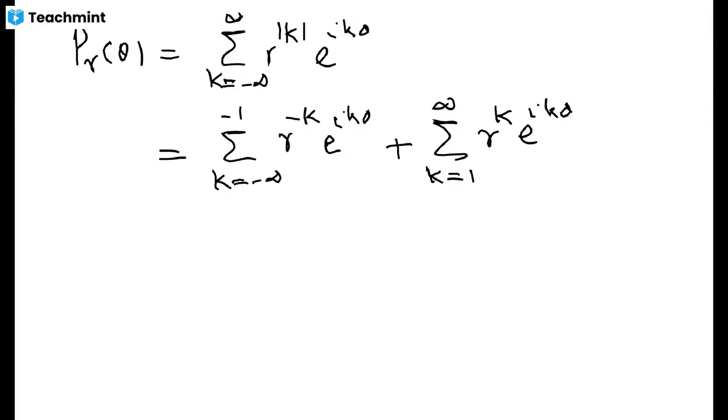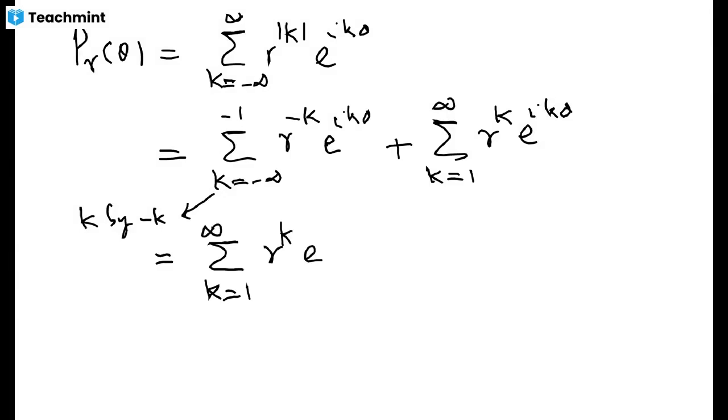In the first summation, I replace k by minus k, so that the range runs from 1 to infinity, and I have r to the power k, e to the power minus i k theta, plus the second summation running from 0 to infinity of r to the power k, e to the i k theta.